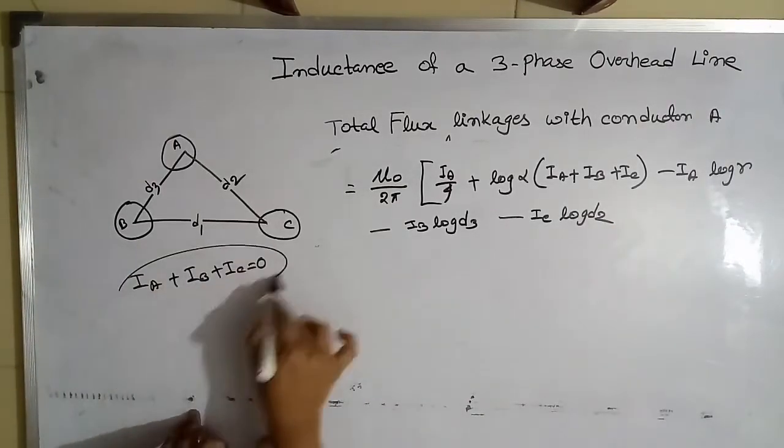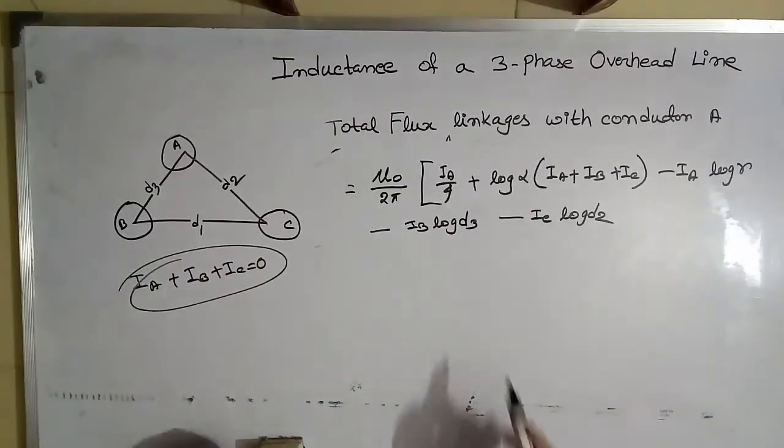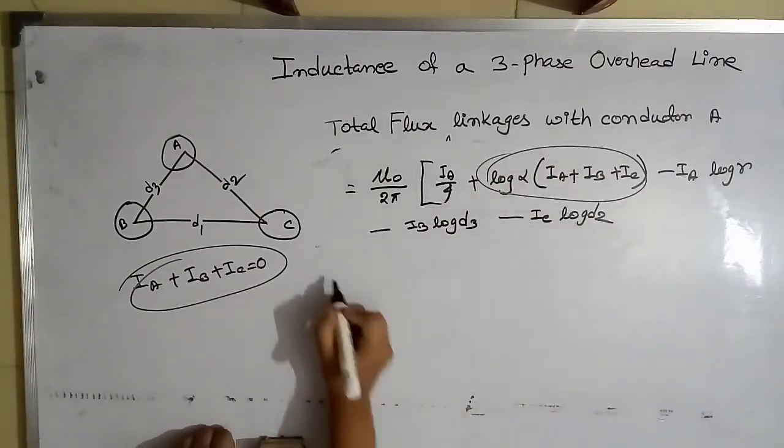Now the value of IA plus IB plus IC is 0, so this term will be 0.